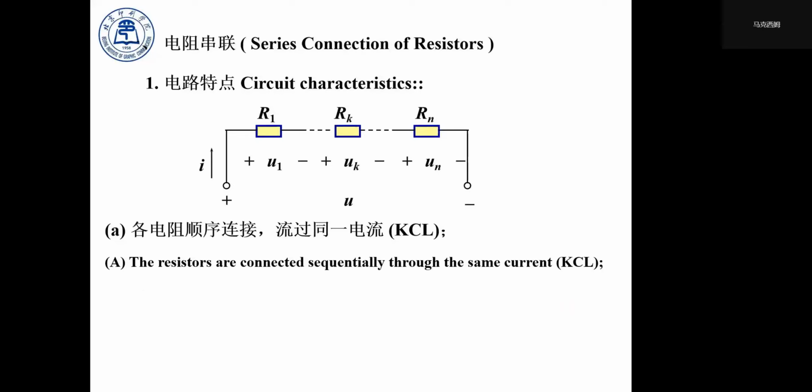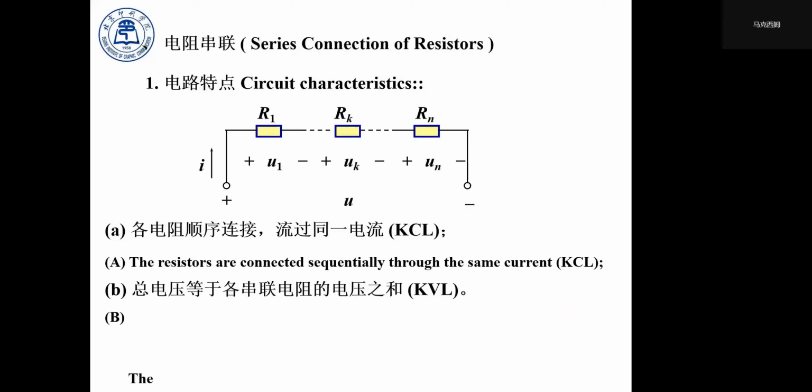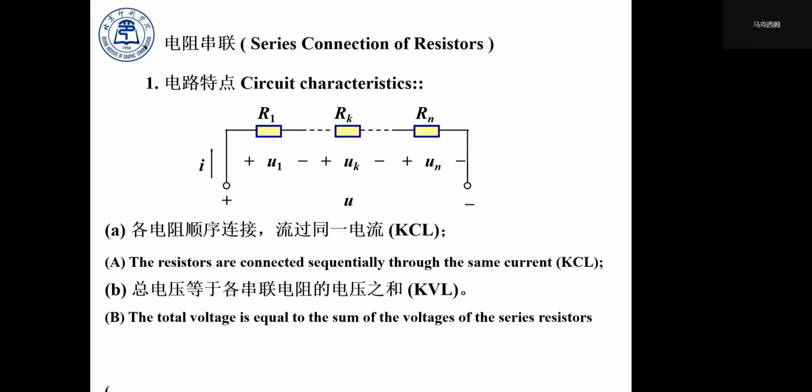So by applying Kirchhoff's current law, we can acquire the relationship between the voltage and the current of each resistor. And we also know that the total voltage of this series connection of resistors is equal to the sum of the voltage on each resistor.